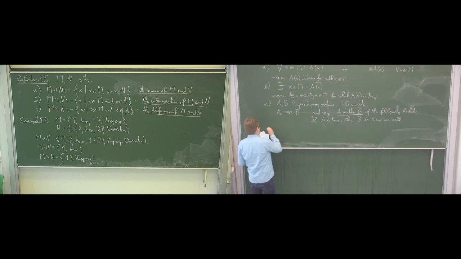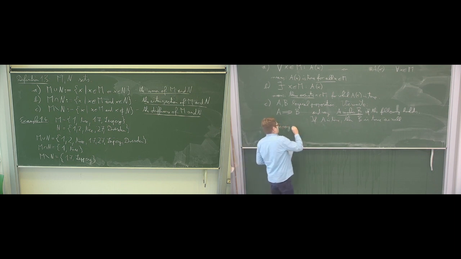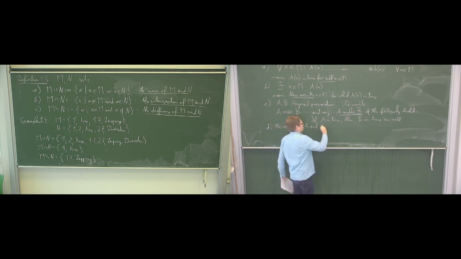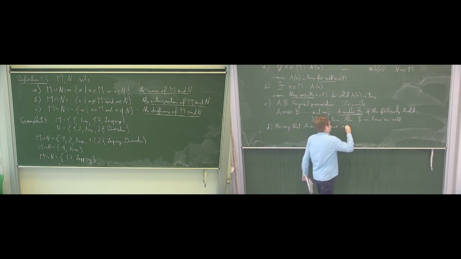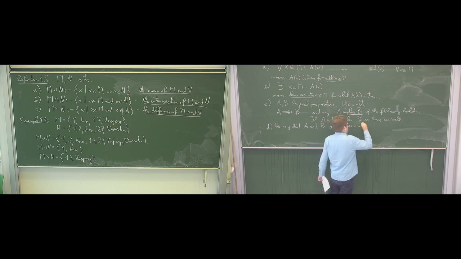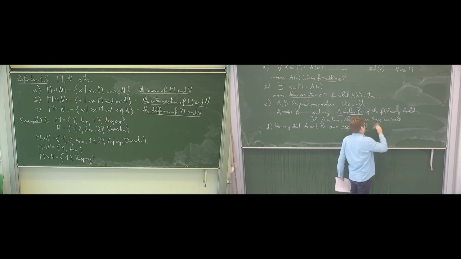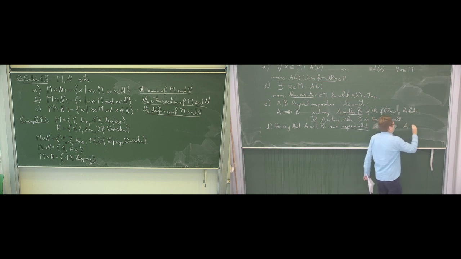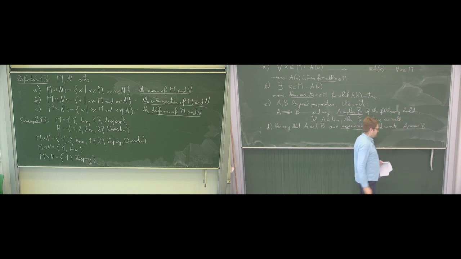Then we say that A and B, again two propositions, are equivalent if, and right, there's also a symbol, you probably already know these things. A is equivalent to B, so again this arrow with two horizontal lines, but now with tips on both ends.